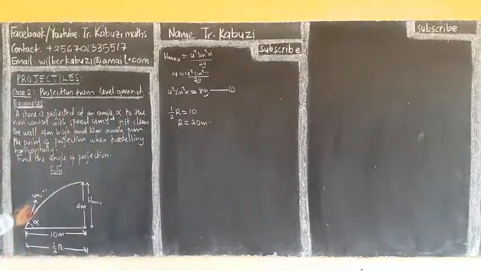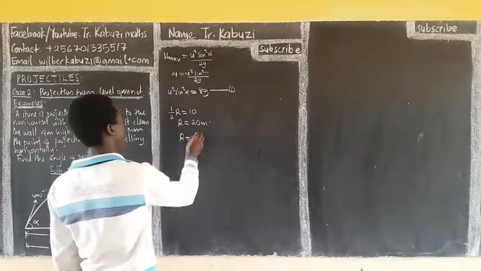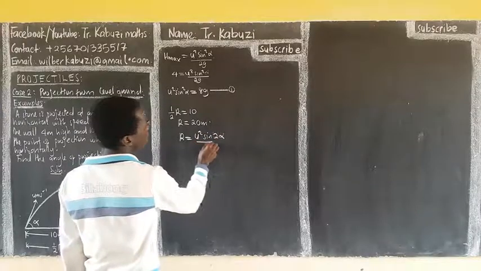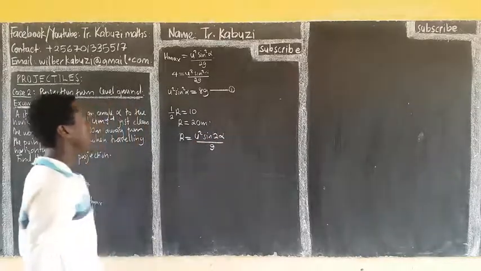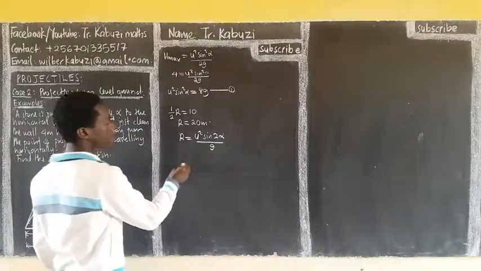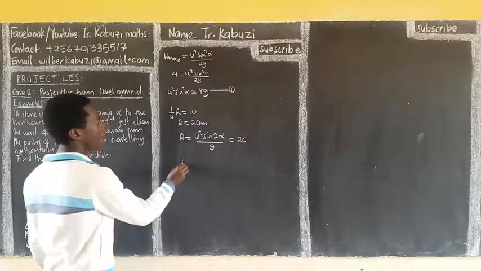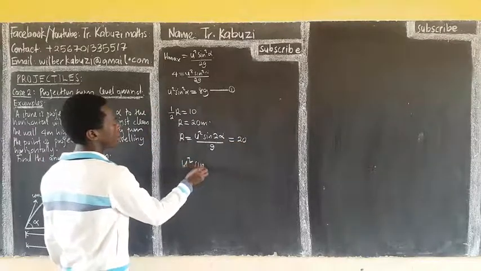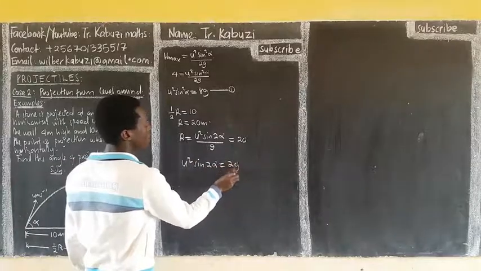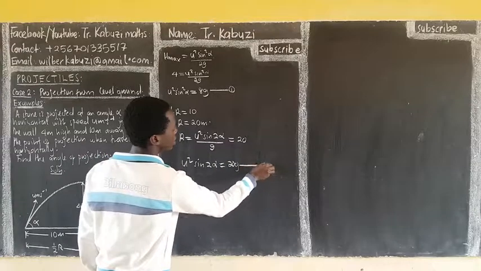You know that the range R is given by u squared sine 2 alpha over g. This whole thing is equal to 20, so my u squared sine 2 alpha is equal to 20g. I call this equation 2.